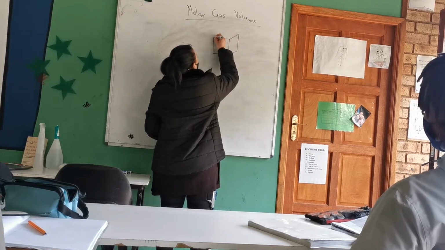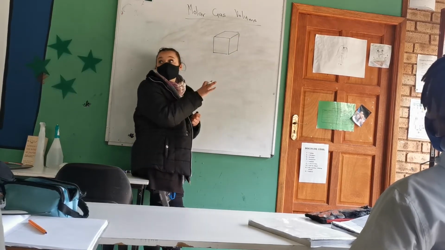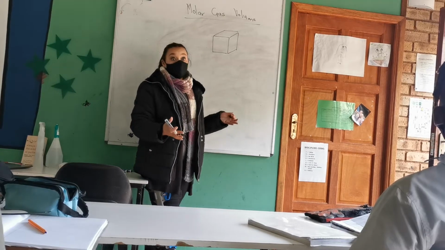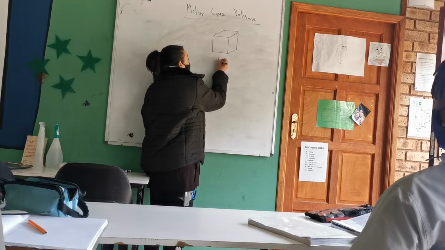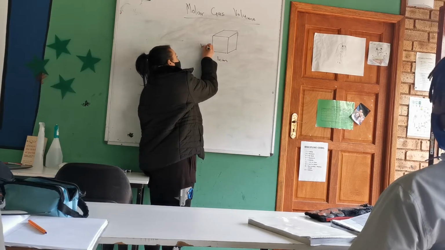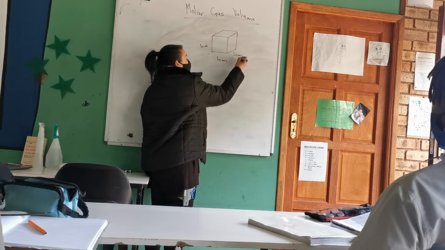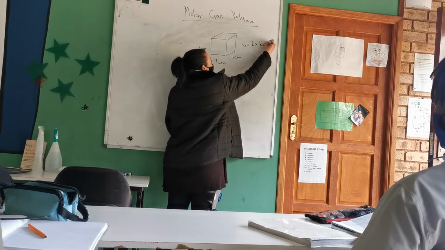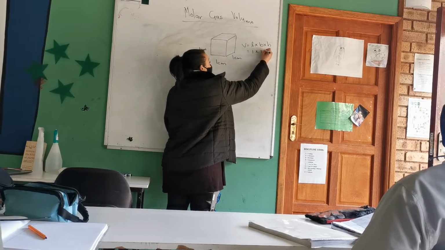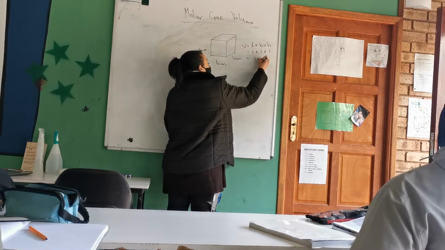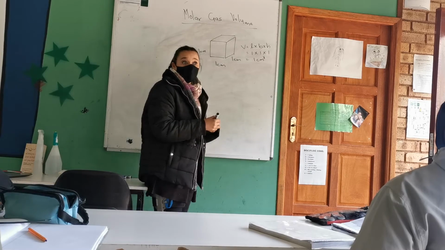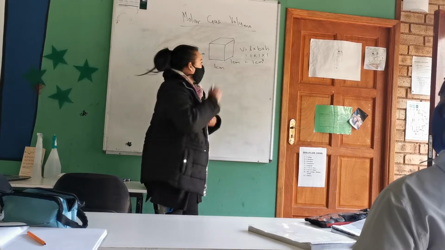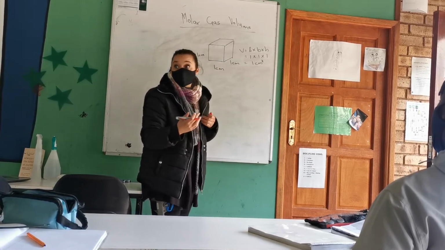If this is my cube, and I'm talking about a measurement in terms of this cube, if I had 1 centimeter by 1 centimeter by 1 centimeter, I would end up with the volume being equal to the length times the breadth times the height, which would be 1 times 1 times 1, which would give me 1 centimeter cubed.